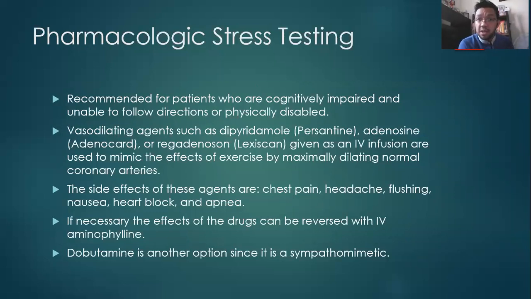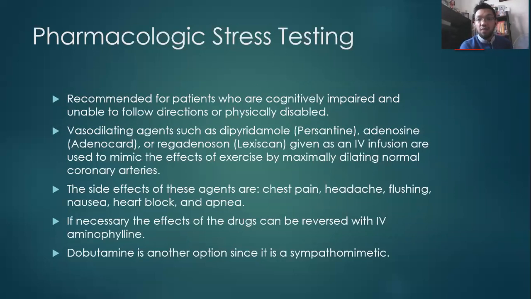What is done instead is the doctor is going to administer drugs such as vasodilating agents like dipyridamole, adenosine or Adenocard, or regadenoson or Lexiscan. This is given as an IV infusion, and they are used to mimic, so it will imitate the effects of exercise by maximally dilating the normal coronary arteries.